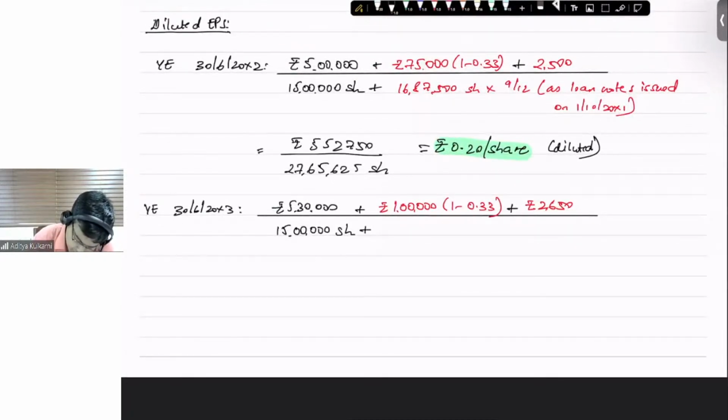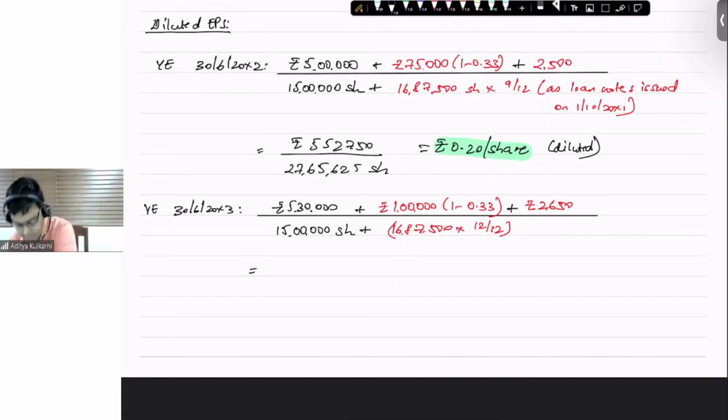Next, plus 15 lakhs plus now 16,87,500 into 12/12, because here it is there for the entire period.